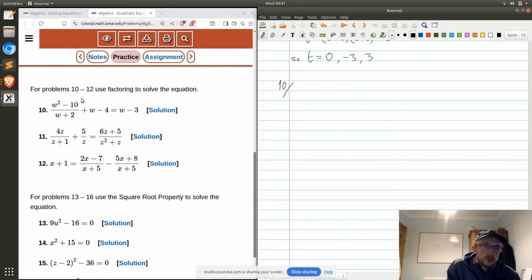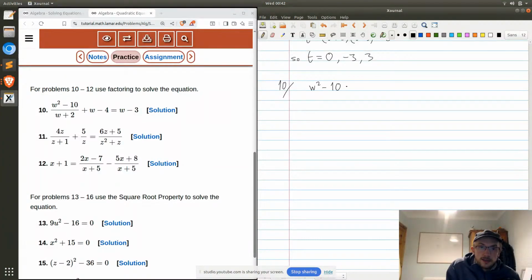So, what am I going to do here? Well, I'm going to take away w from both sides. And then I'm going to add 4 to both sides. So all of that rational expression there will be equal to 1. And then I'm going to multiply both sides by w plus 2.